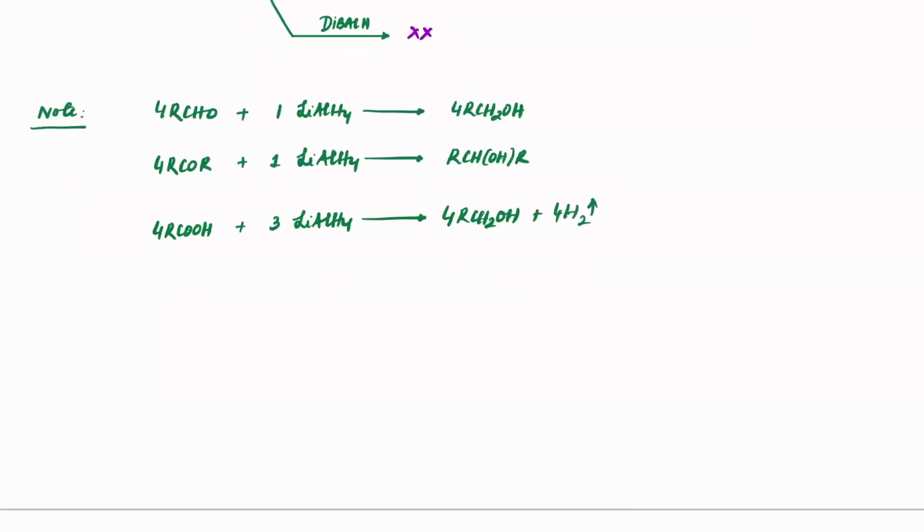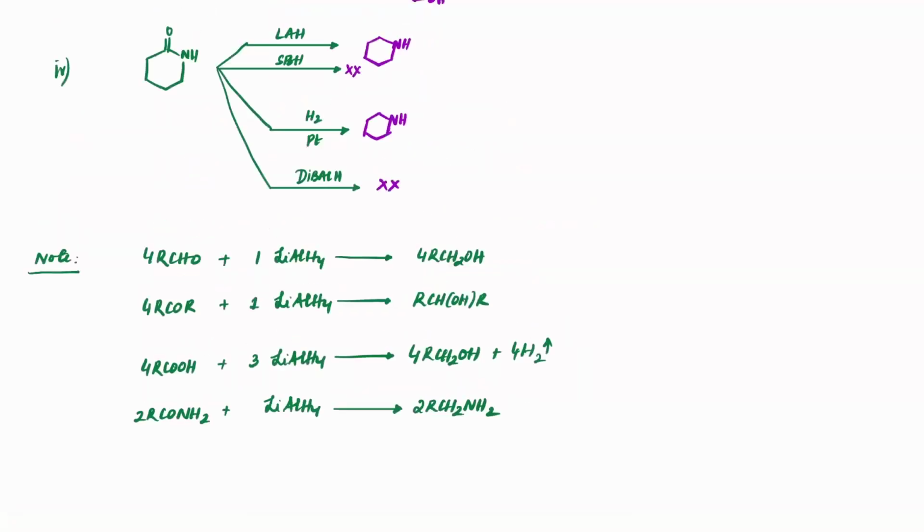Next, if you take 2 moles of RCONH2, 1 mole of lithium aluminum hydride is enough to convert this into amines. So you'll get 2 moles of RCH2NH2, right? So this is the mole ratio that you need to remember for lithium aluminum hydride. Got it?